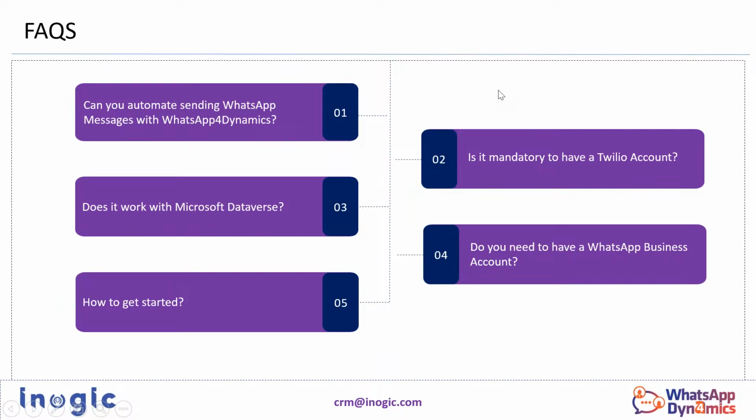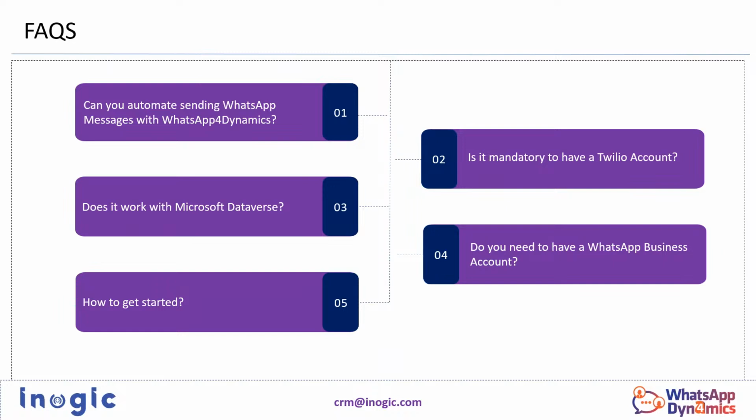These are some of the common questions that we usually get. Can you automate sending WhatsApp messages with Dynamics? Yes, we have seen how you can automate sending WhatsApp messages using our solution. Does it work with Microsoft Dataverse? Yes. Is it mandatory to have a Twilio account? Yes, as I said at the start of the demonstration, we use the Twilio API for integrating communication between the two systems.